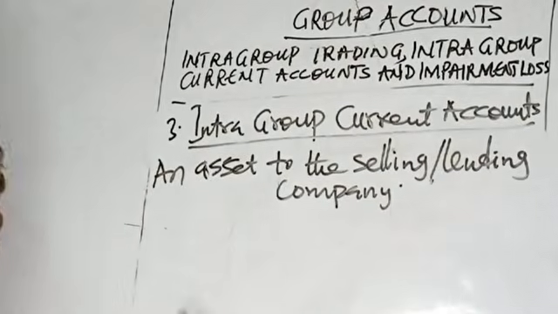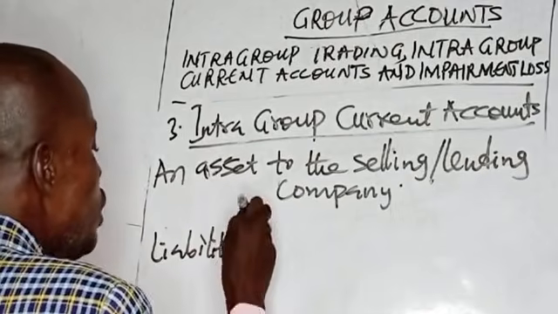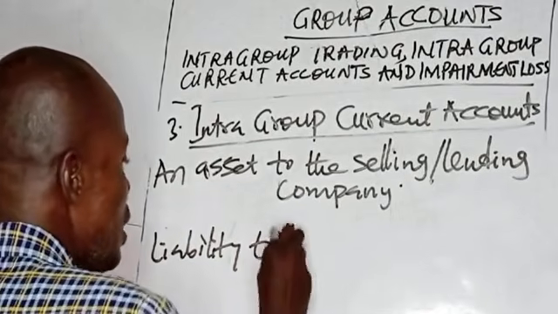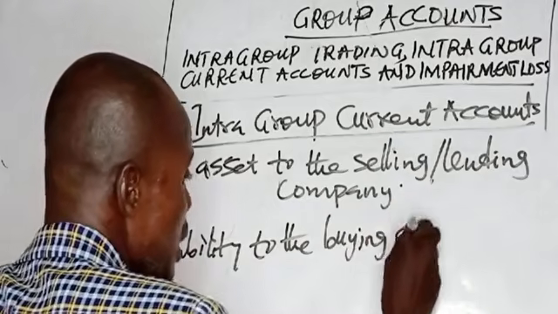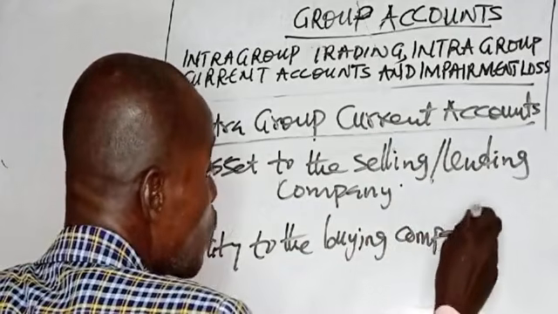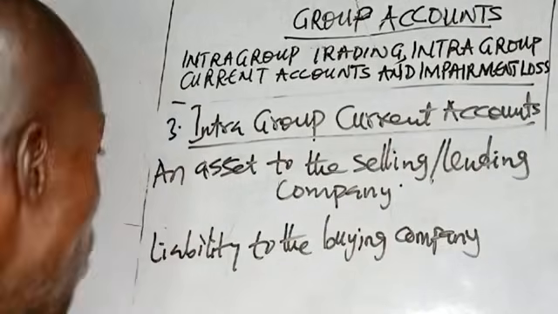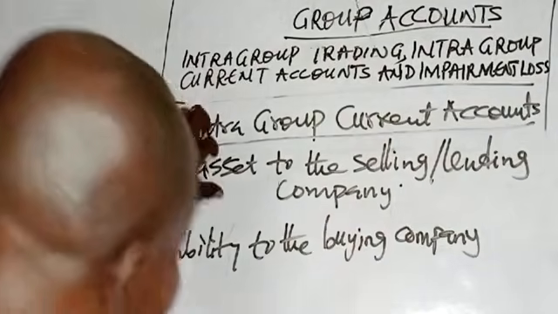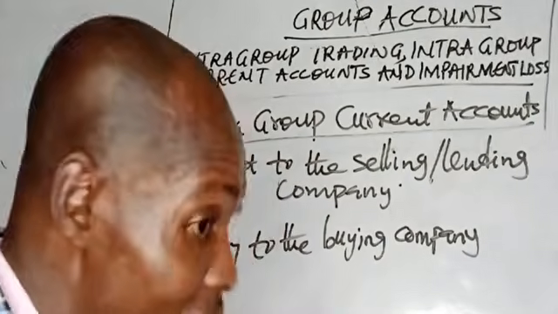Why is it a liability? It is a liability to the buying company, or the borrowing company. So the same thing, you will see as an asset, in most cases a current asset.